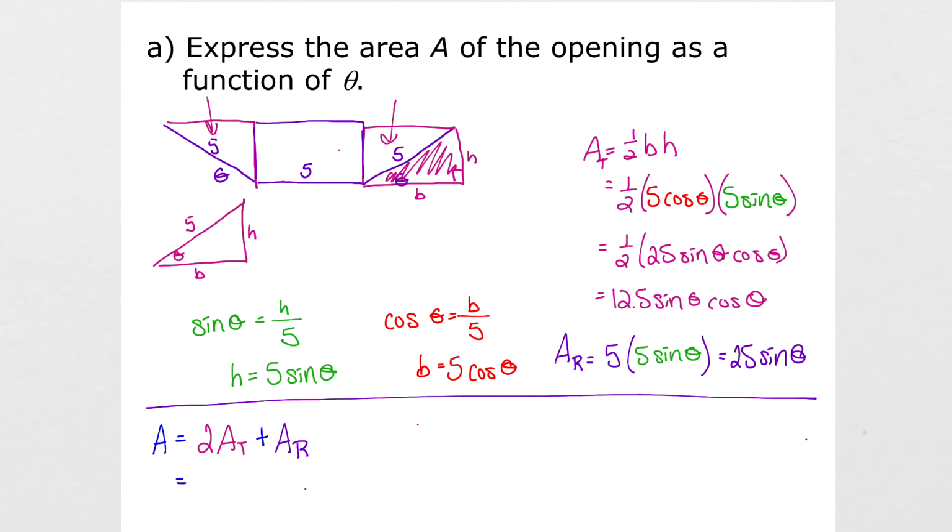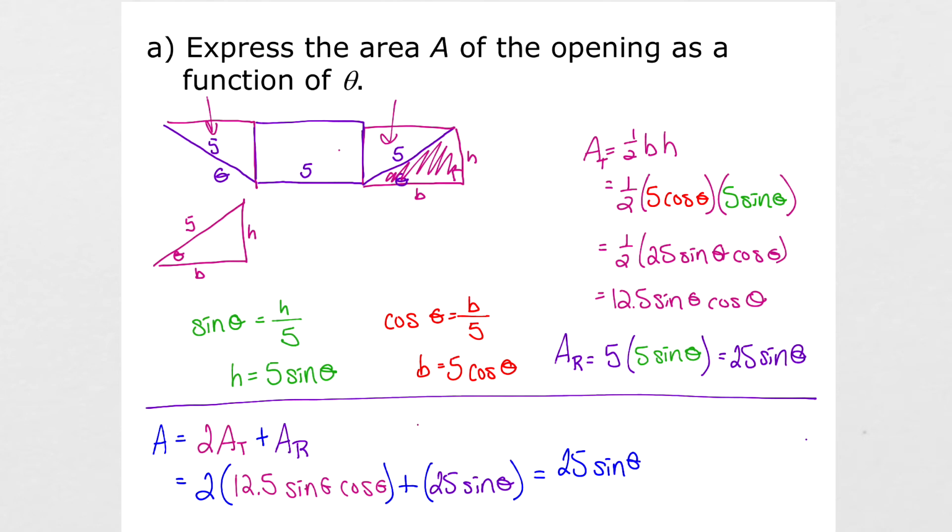So we'll have 2 times 12.5 sine theta cosine theta plus 25 sine theta. And we can simplify that a little bit. 2 times 12.5 is 25. So 25 sine theta cosine theta plus 25 sine theta. And you could factor something here, but you don't have to. And so there is our area.